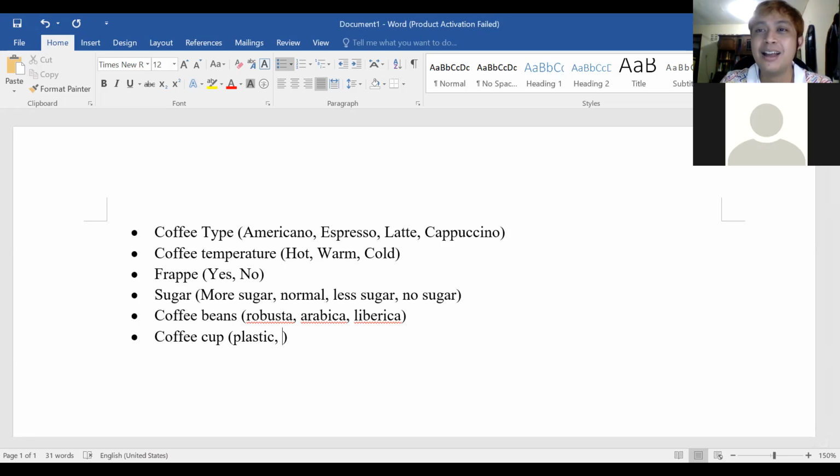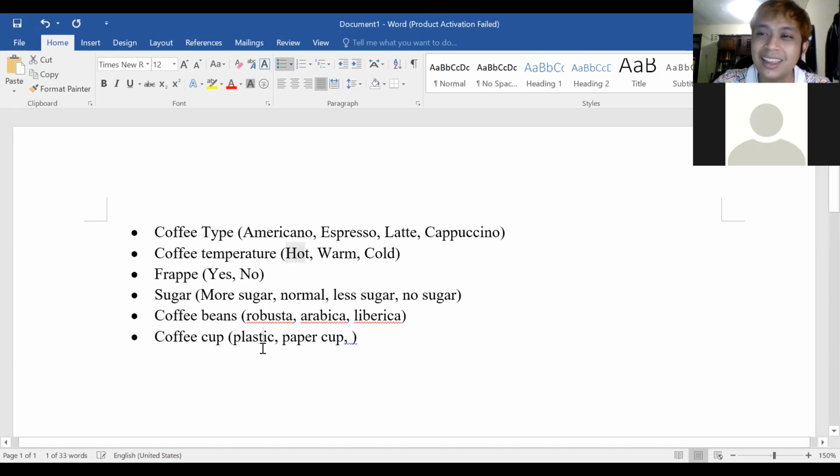No, paper cup. Yeah, plastic or paper cup. But it's weird, diba? If it is hot and plastic, it doesn't make sense. Hot with paper, yeah, of course.